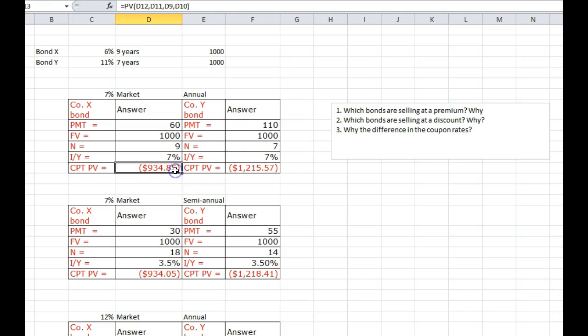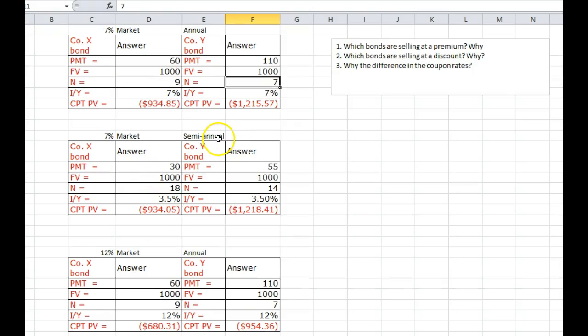If you click on the cell, you'll see the formula set up: D12, which is the yield, this is the period, this is the payment, and then this becomes the future value, and it automatically calculates it for you. So you've got the 9-year and the 7-year.